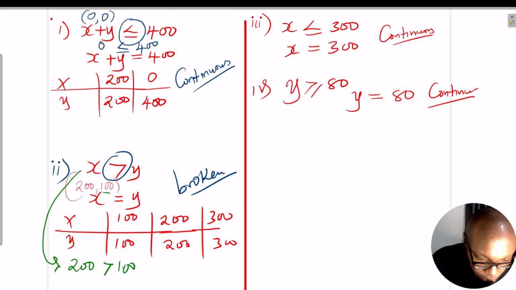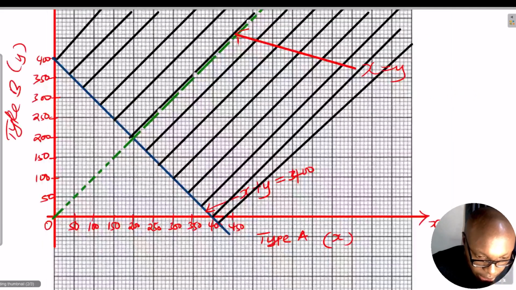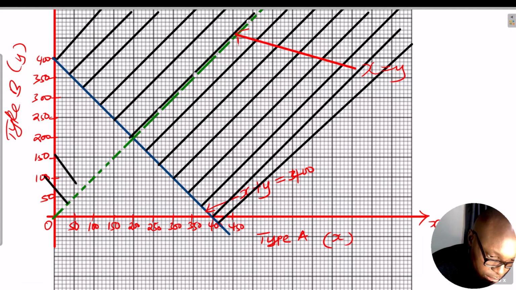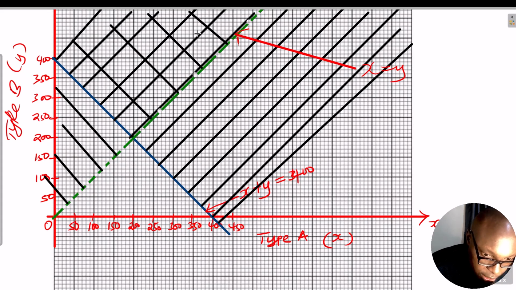So 200 is greater than 100. So that side where I have picked this point satisfies the inequality. Automatically the other side is the unwanted side, so you simply shade this side of the line. That side is the unwanted.